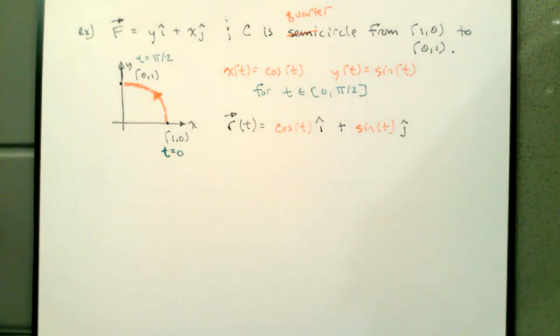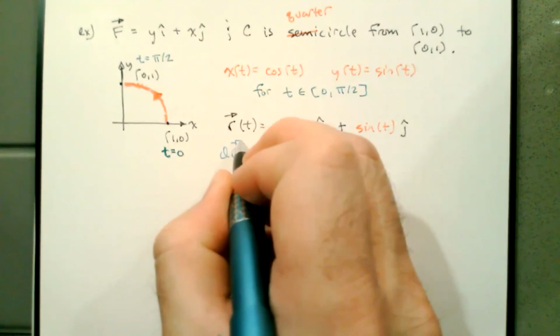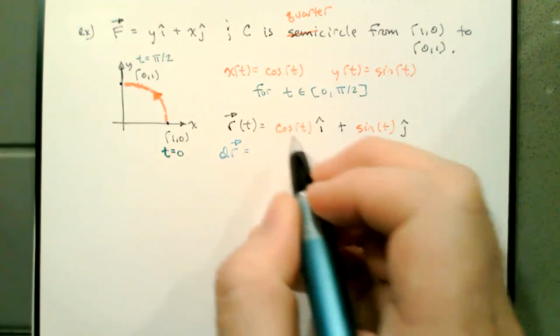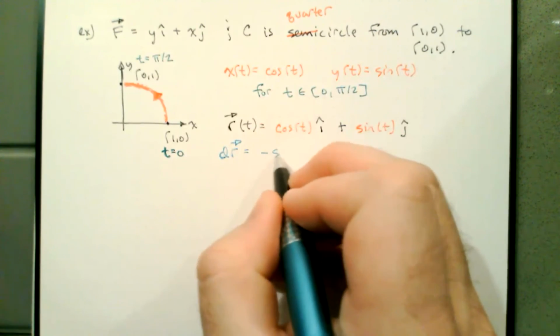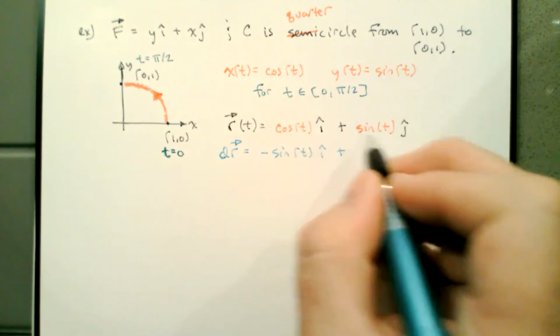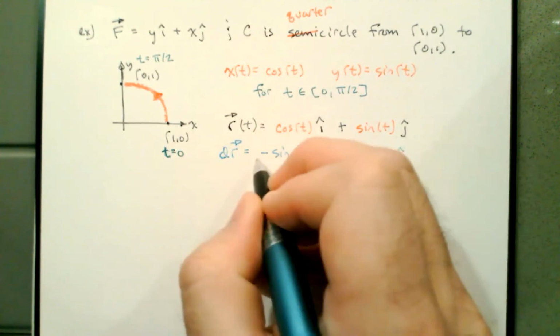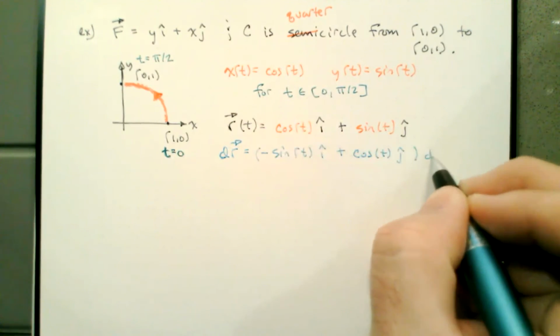The thing that we need for our line integral is dr. The derivative of cosine is negative sine, and the derivative of sine is cosine, and all this gets multiplied by dt.